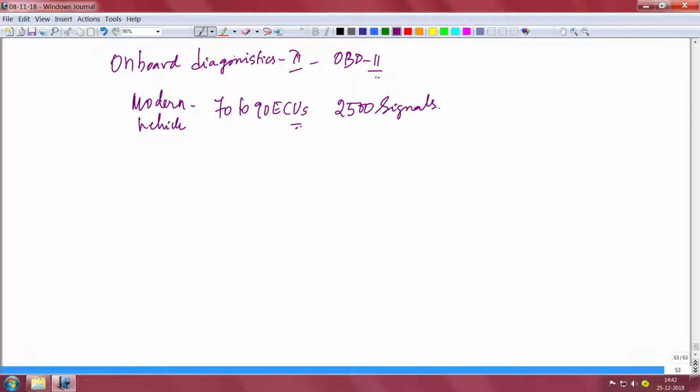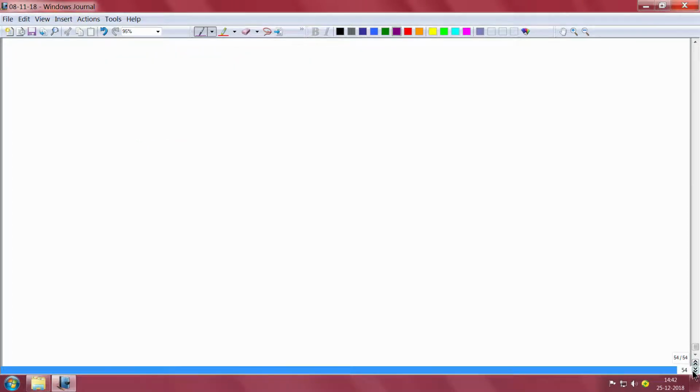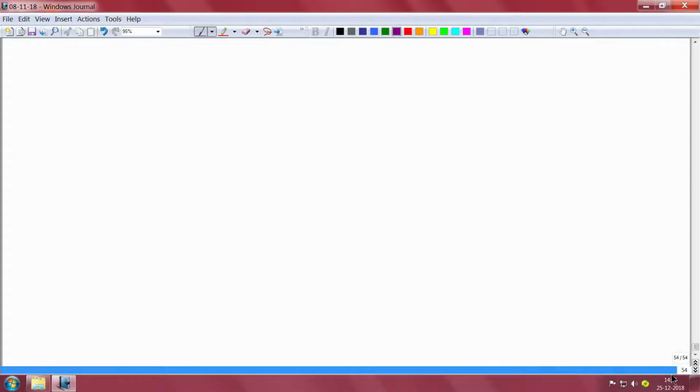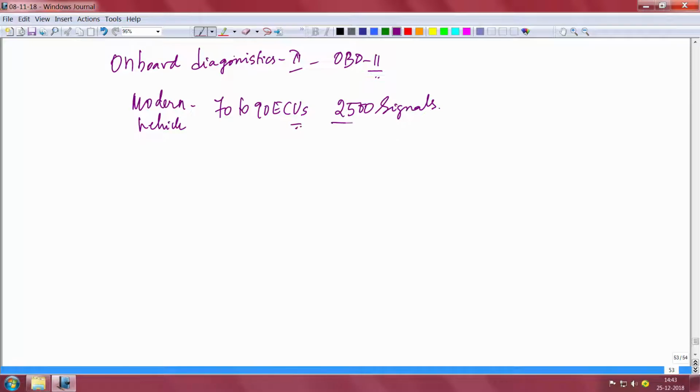To give you a feel of what a signal is, you can imagine that you are giving a signal by a wire, you are giving another signal like this, you are getting an input signal back to the ECM, these are all signals. So, you can imagine the number of signals in a modern car, which can be as high as 2500 signals exchanged between 70 to 90 ECUs.